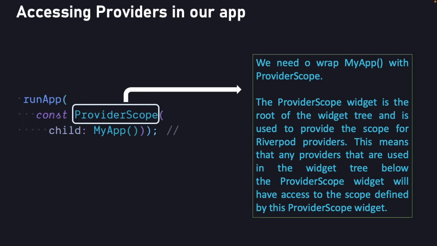To make it simple, if we wrap MyApp in ProviderScope, every widget in our application can access any provider that we are going to create in our application.